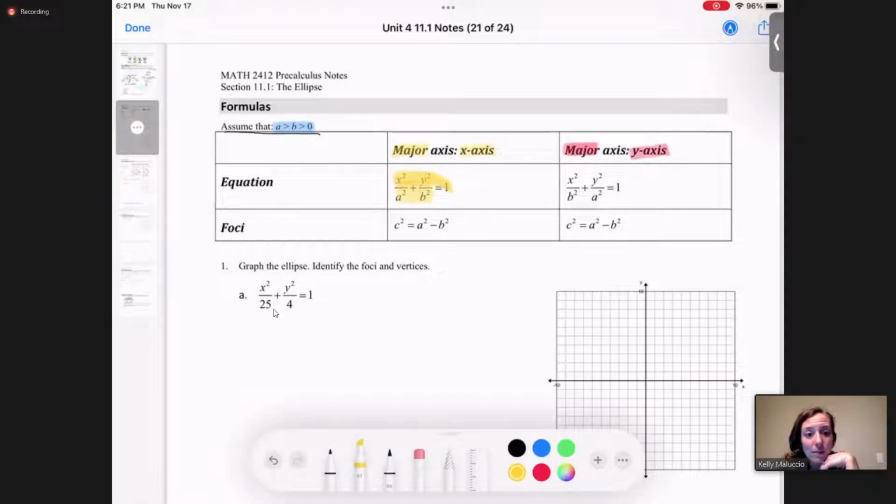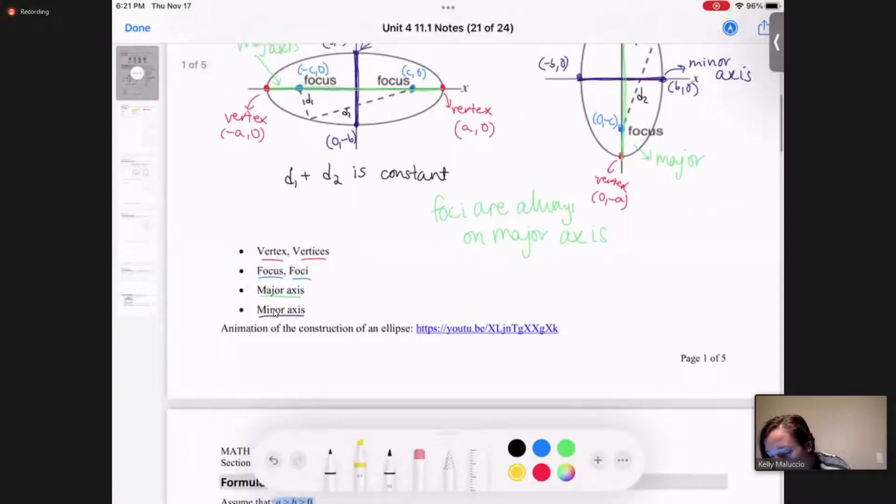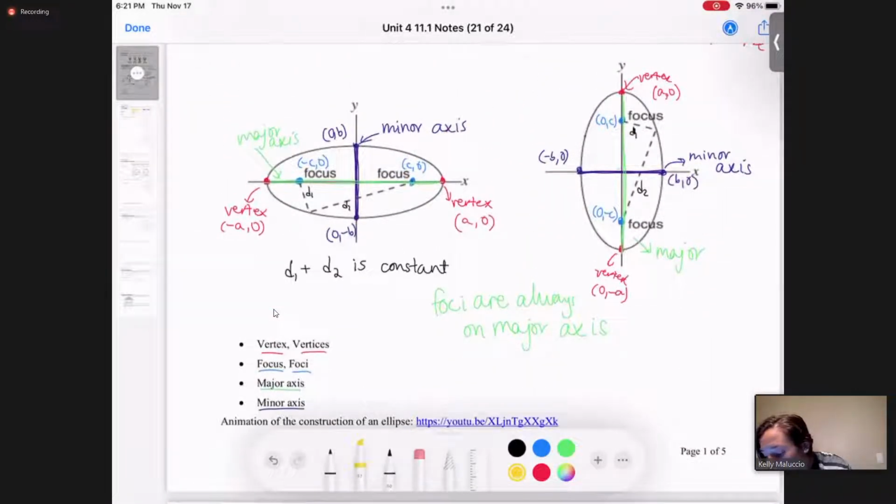If we were to graph something like this, A and B are related to this up here. A is like our vertex. If the x-axis is major, A and negative A are our vertex points, and B and negative B give us our minor axis endpoints.